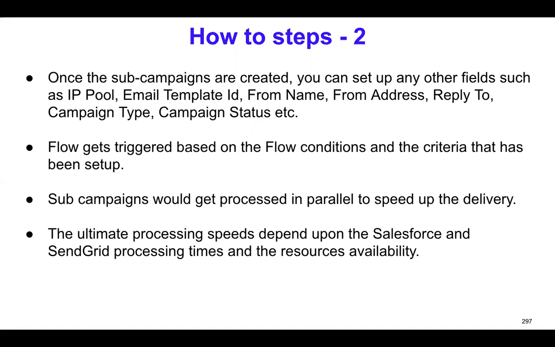If not, that's okay. So once you have all of that, you basically update the main campaign with all these fields, only one place, the main campaign, and the flow gets triggered behind the scenes, and all the sub-campaigns will get processed.